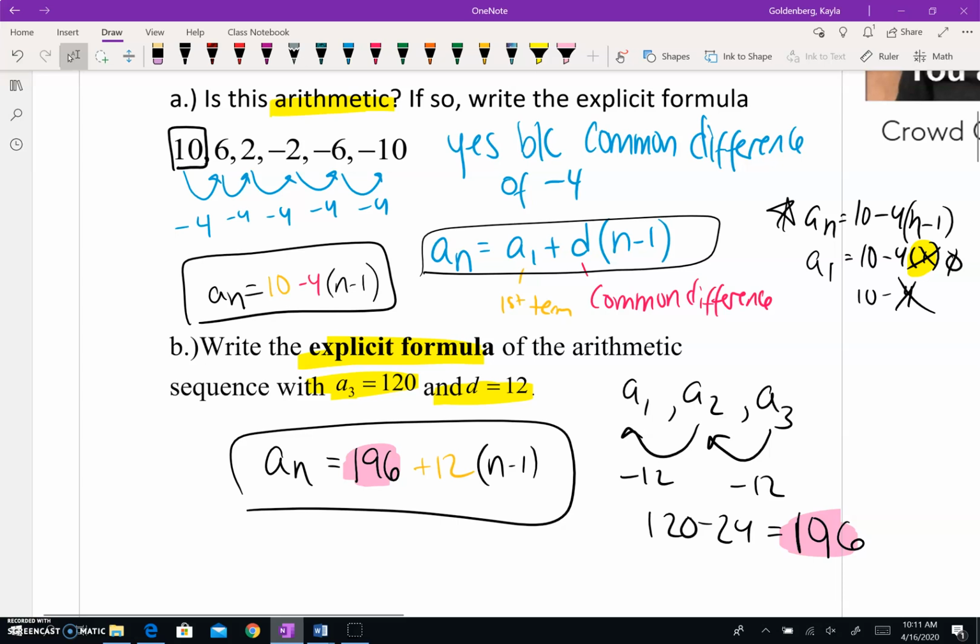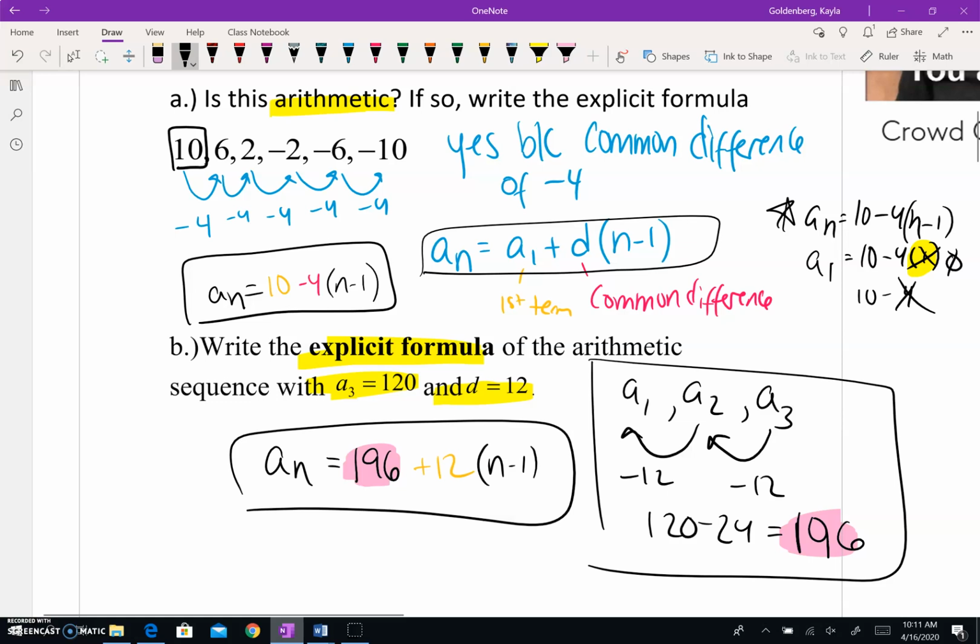So I did my first term work over here, and what I was thinking through is I wrote out term 1, term 2, term 3, using the notation A1, A2, A3, and I knew that if I knew the third term, I could go backwards, and instead of adding 12, because remember, if we go from our first term, assuming it's 196, to the next term, I add 12, right? So I'm just trying to go backwards. If I subtract 12 twice, I can get to what my first term was. So you can do it that way, right?